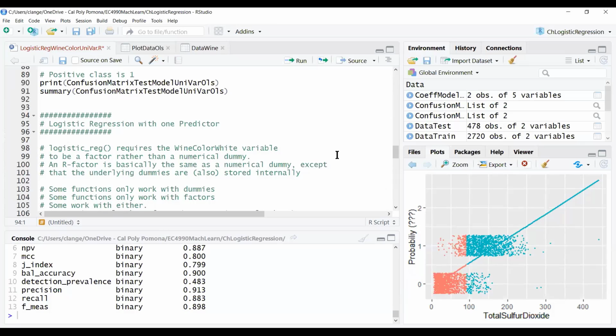And one technicality, you don't even have to understand it, but at least I want to mention it. R can store dummy variables in two different ways. Just as a dummy variable, it's just a number. We did that before. Our dummy variable was just a number like every other number, except that it had only values of 0 plus 1. Or it can store it as what is called a factor.